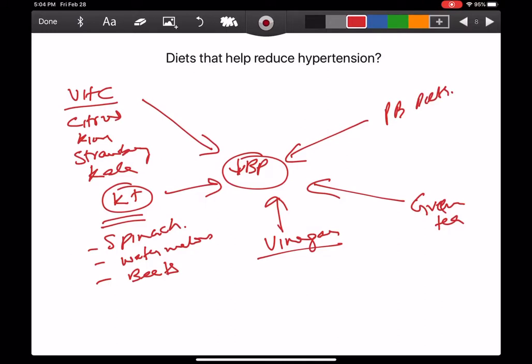To be specific, you need to have vegetables that increase the nitric oxide production in your blood vessels. These vegetables are spinach and beets. So you can incorporate these vegetables in your diet so that there is a decrease in the blood pressure by increased nitric oxide production.